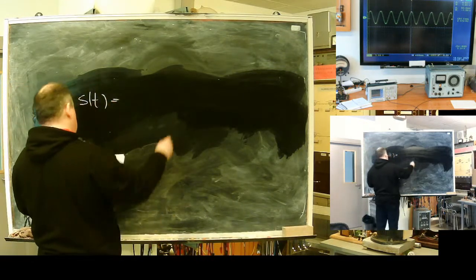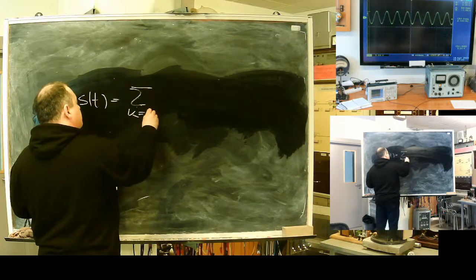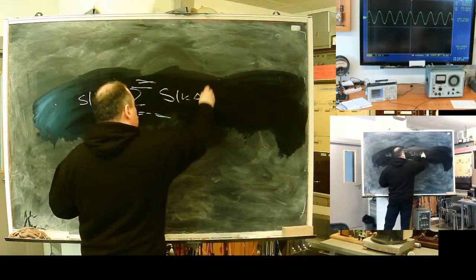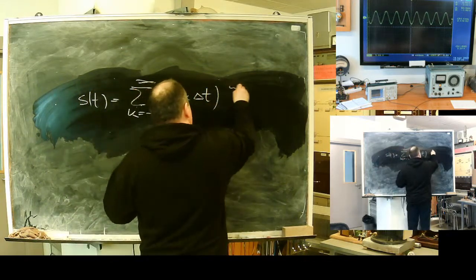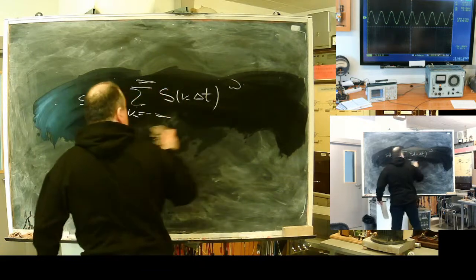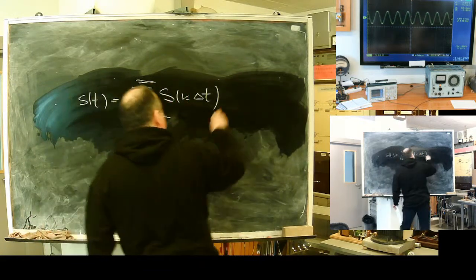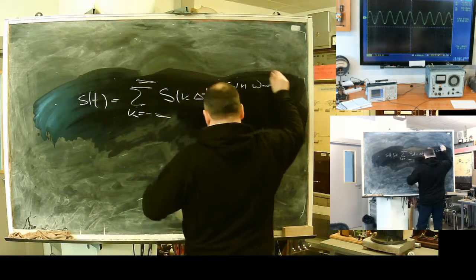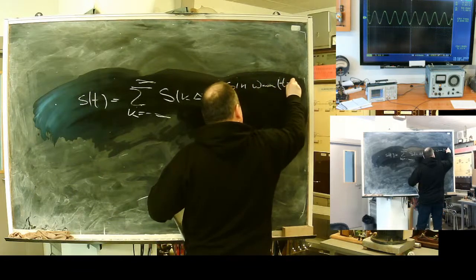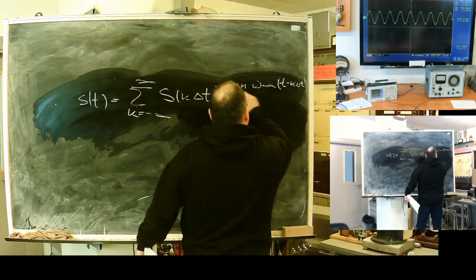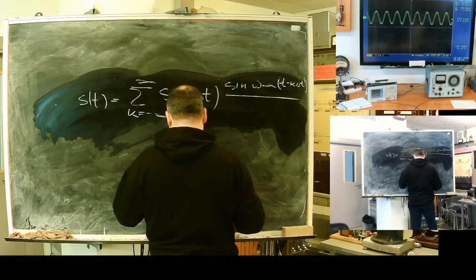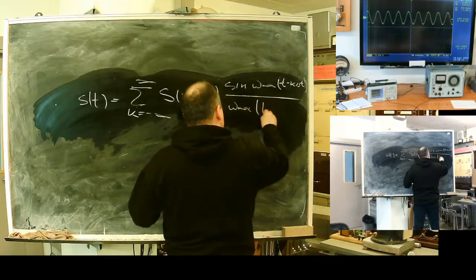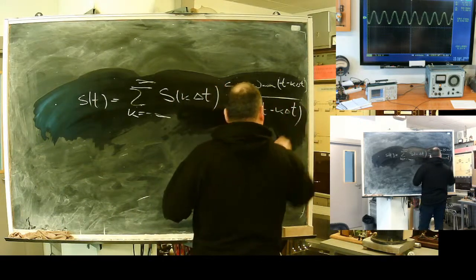So it will be the sum from minus infinity to infinity of s(k delta t) times the sine of omega max (t minus k delta t) divided by omega max (t minus k delta t).